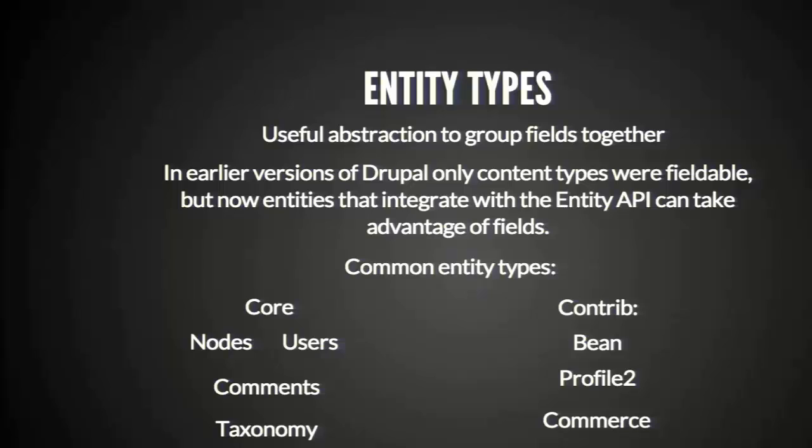Your common entity types in core are nodes, users, comments, and taxonomy. And then there are some contrib modules that take advantage of the entity API, such as Bean, which is block entities aren't nodes. Profile 2, which is basically a way to extend users. And the Drupal Commerce module is one of the big drivers of the entity API, actually.